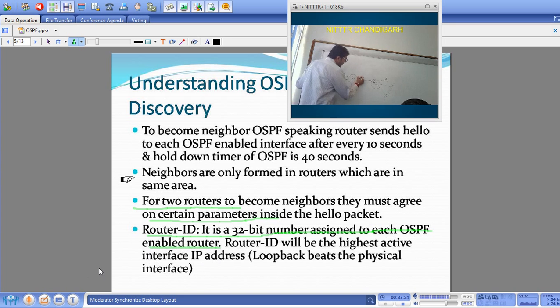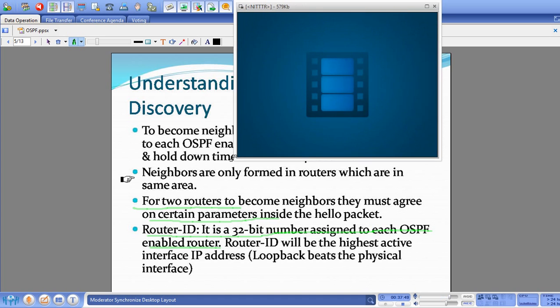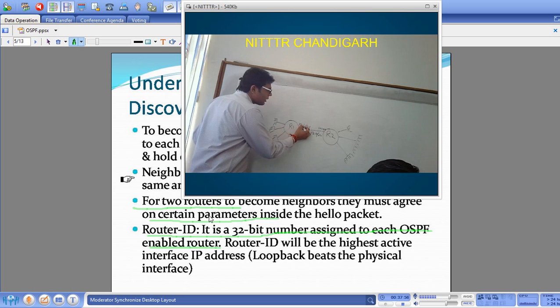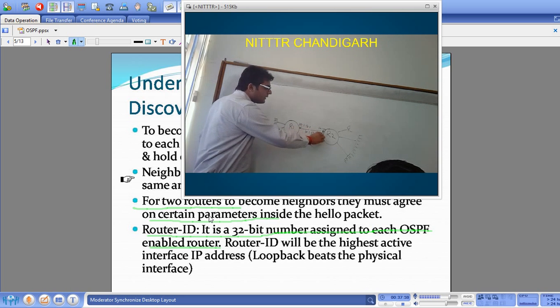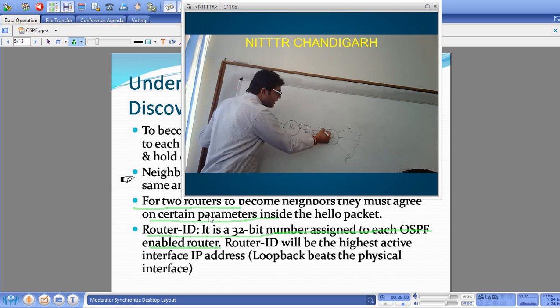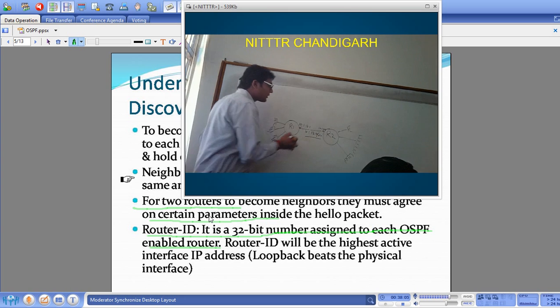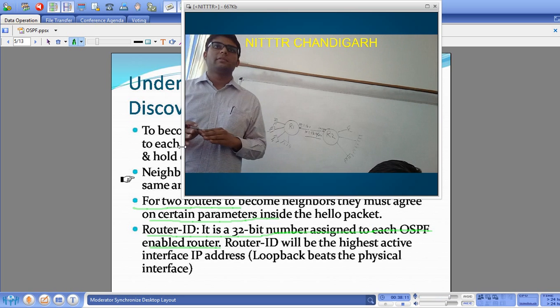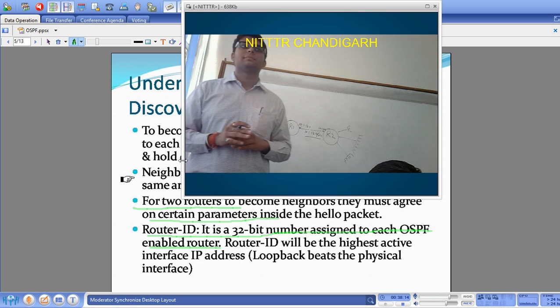Let's say I have 10.1.12.1, 10.1.12.2, and it's on the network 10.1.12.0/24. इस इंटरफेस का जो IP एड्रेस है, this is 10.1.12.1, इस इंटरफेस का है 10.1.12.2, और ये जो नेटवर्क है this is 10.1.12.0। IP होस्ट और नेटवर्क के बारे में सबको क्लियर है ना? We did it in details on Monday.